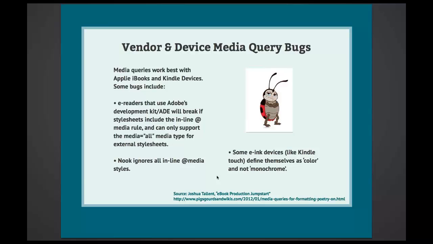And for the Nook, it ignores all inline @media styles. With the media features, you can target monochrome, which one would think would be e-ink devices, but the Kindle Touch does not acknowledge that it's a monochrome device, and it thinks that it's color. So it requires a lot of testing to use these media queries, and you probably only want to do it if you have a lot of time set aside for testing.